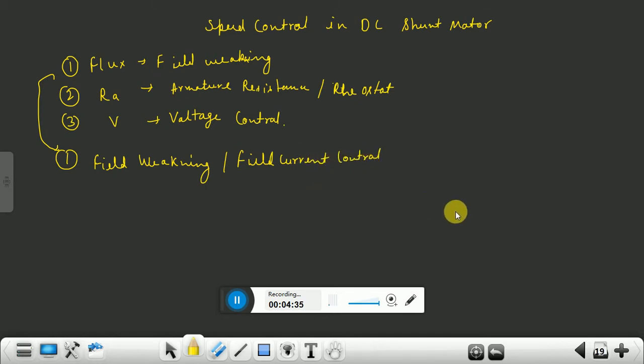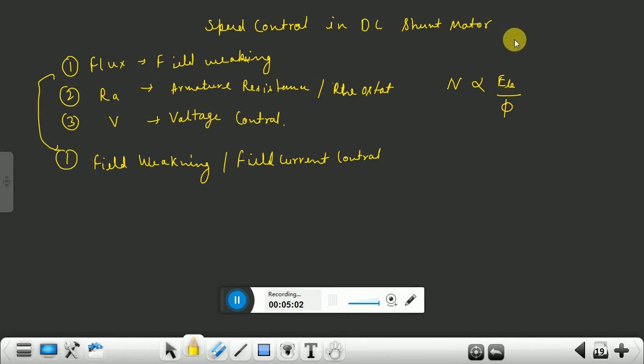Okay, so in this method, basically in speed control, in general we write N is directly proportional to EB divided by phi. Okay, so basically this is the EMF equation.